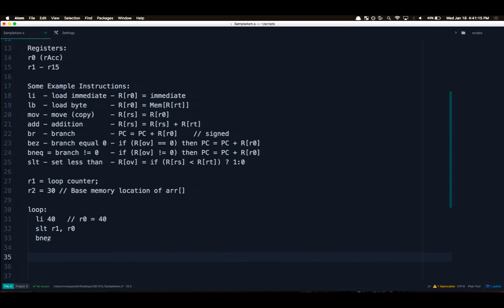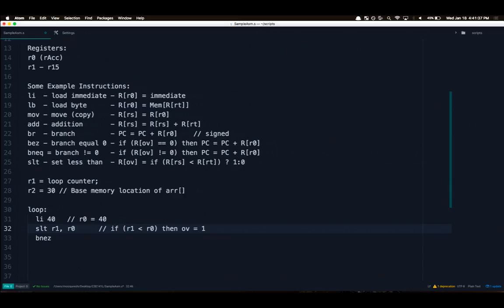So what this is saying is that if R1 is less than R0, then the overflow register will be equal to 1. We're going to set it to 1. If it's not, then we're not going to set it to anything.